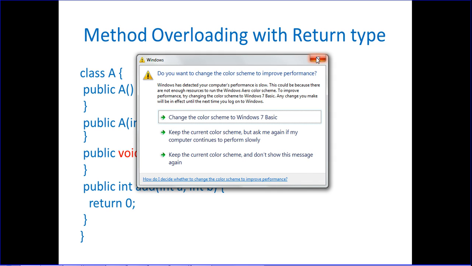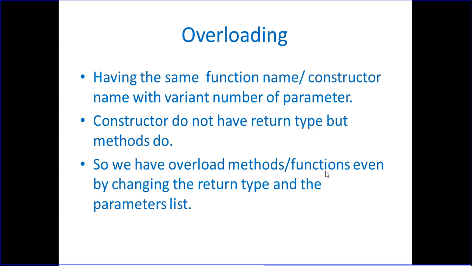Sorry about that. Whatever I've explained till now, I've just mentioned in points: when I say overloaded, the function name or the constructor name will be the same, but duplicated. The parameter list needs to be changed if you say it is overloaded. A constructor does not have a return type, but a function does, so you can even overload a function by changing the return type.